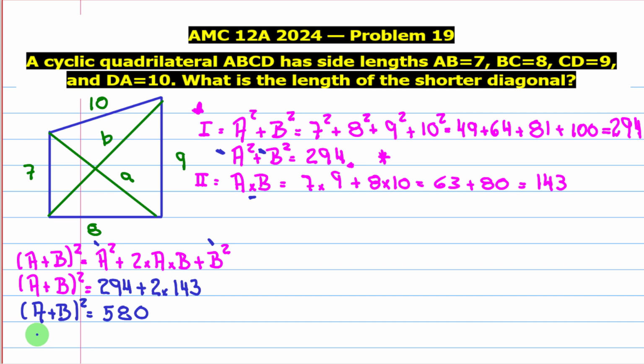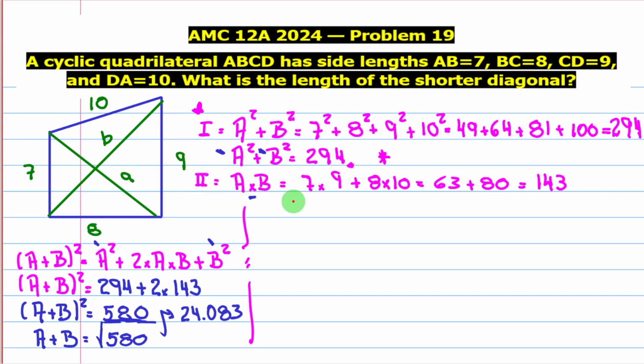And finally, A plus B is equal to the square root of 580. That's equal to 24.083. So now we have a simple system with two equations.